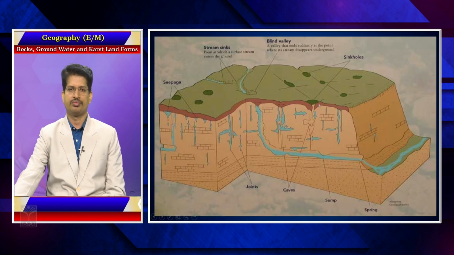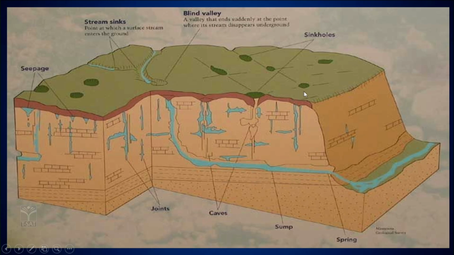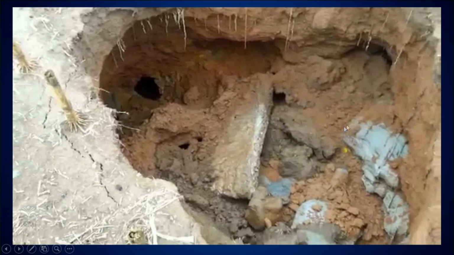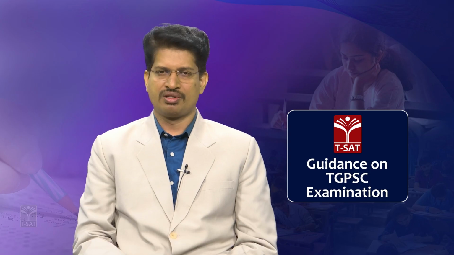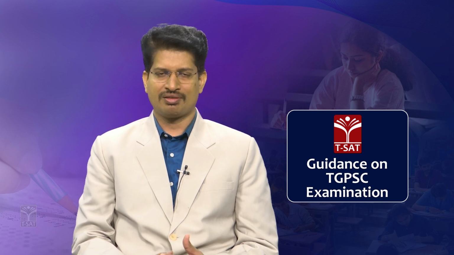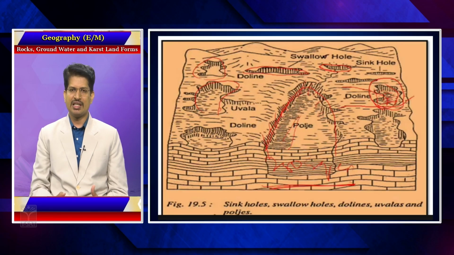Sinkholes, caves, so these are sinkholes. When the solutional activity extends, what happens? Both the sinkholes merge to form a larger structure. So this is because of the solutional activity. When the roof of the cave collapses because of the merging of the sinkholes and dolines, because of the increase in solutional activity, this kind of feature is known by a special name.